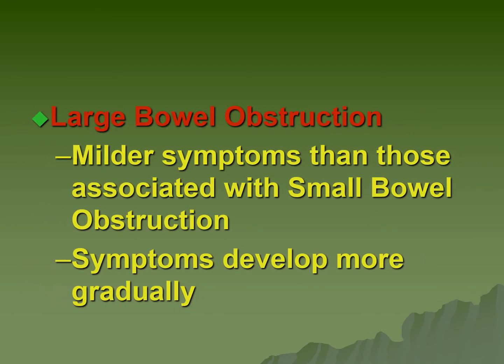Therefore, symptoms come on more rapidly. By the time an obstruction develops within the large intestine, all the absorption has occurred in the small intestinal tract, and all that's left is water as well as waste material. So the symptoms tend to come on more mildly or slower, because you've got less volume.